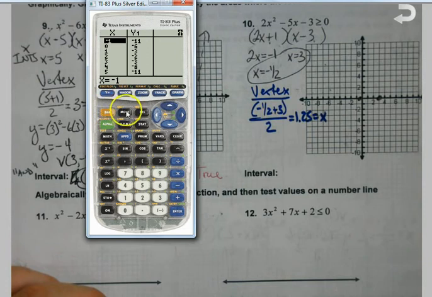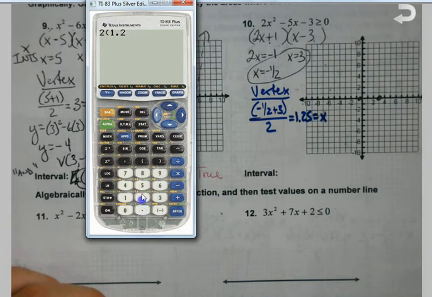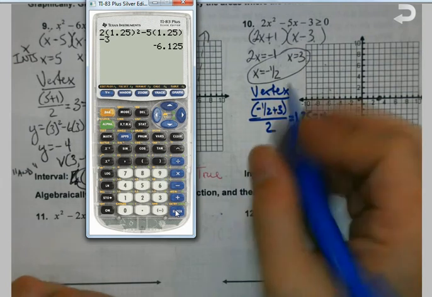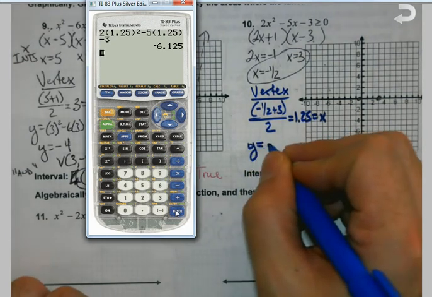All right, let's get out of here. So we want 2 times 1.25 squared minus 5 times 1.25 minus 3. Okay. And yes, you can get some ugly stuff.